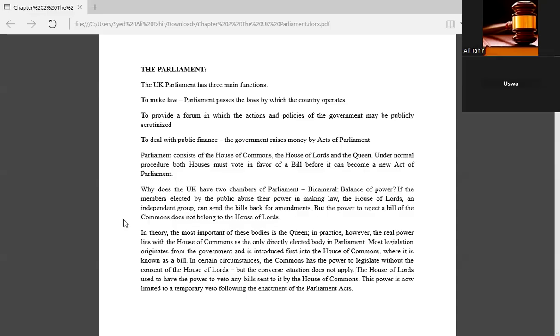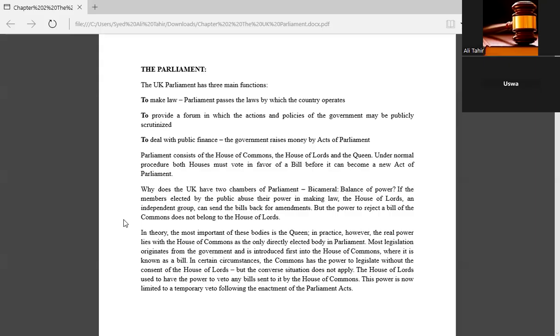However, he was a lord at one time. Lord Nazir was a very good example of this. He was appointed by the British government for rendering extraordinary services to the United Kingdom and its Pakistani and Kashmiri population. So there will be a lot of people like that entering the House of Lords as well on special lists recommended by the Crown itself to be there.